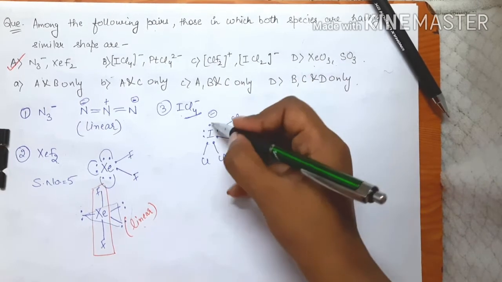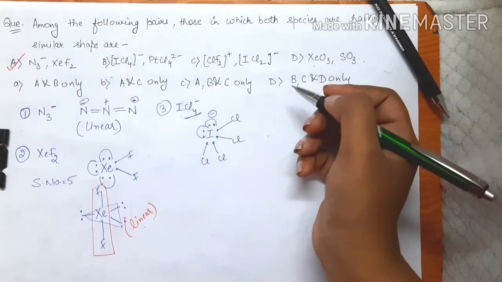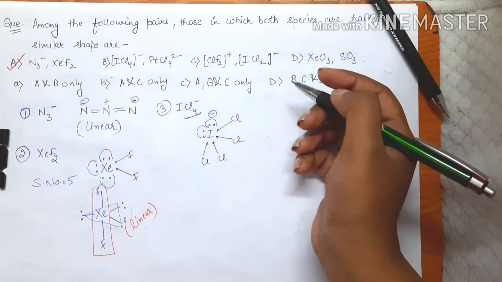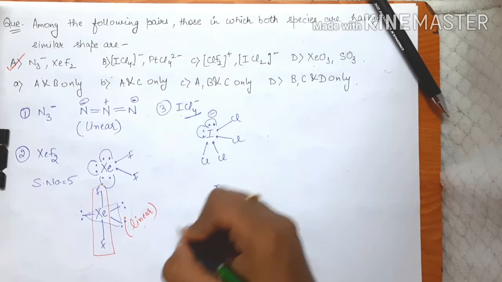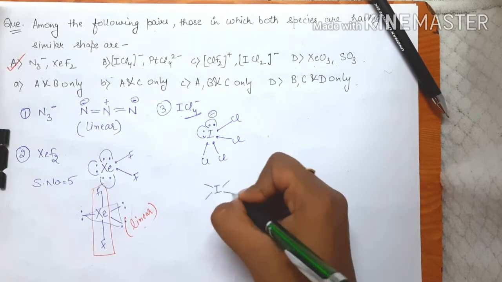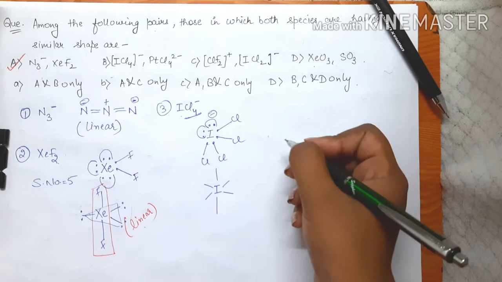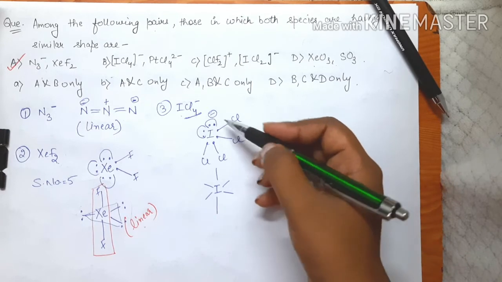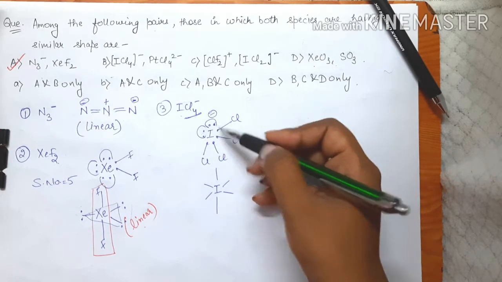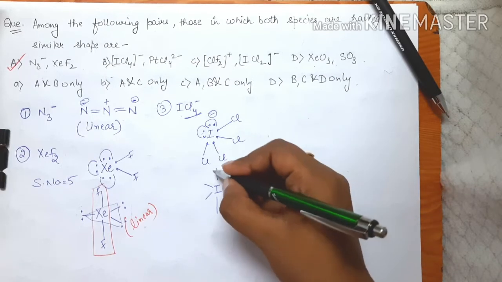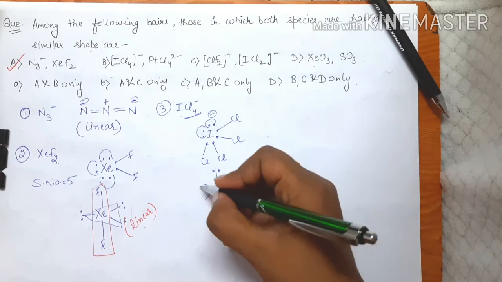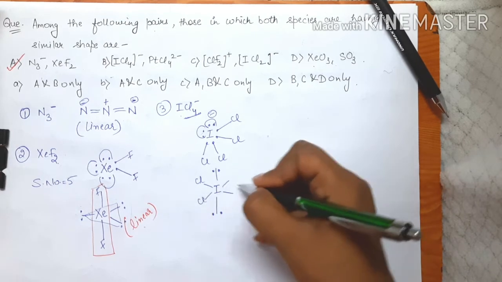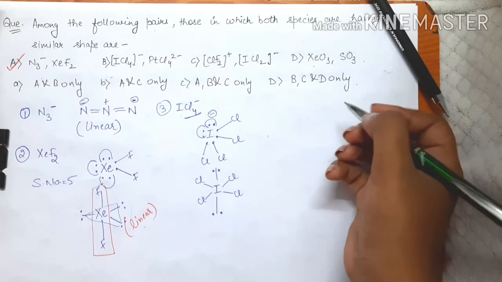Now if we want to make the proper geometry for ICl4 negative, then what it would look like: iodine will be here, 4 bonds will be like this and 2 bonds will be like this. Now this iodine is having 2 lone pairs. In order to minimize the repulsions, these 2 lone pairs should be present above and below the plane, and the remaining 4 positions will be occupied by the 4 chlorines.